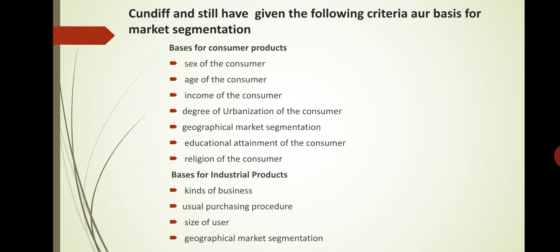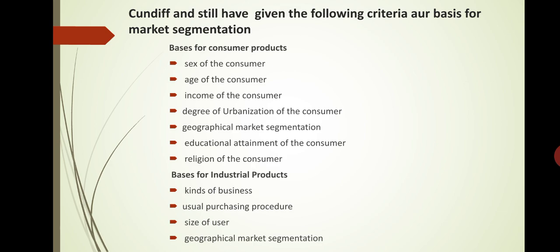Sex of the consumer, as I already told, can be divided into two parts, ladies and gents, right? Some products are produced especially for ladies, for example lipstick, bangles, etc. Some products are produced specially for gents, such as shaving cream, razor blades, etc. He divided the total market into subgroups according to the age of the consumer: for children, for youngsters, and for old age persons.